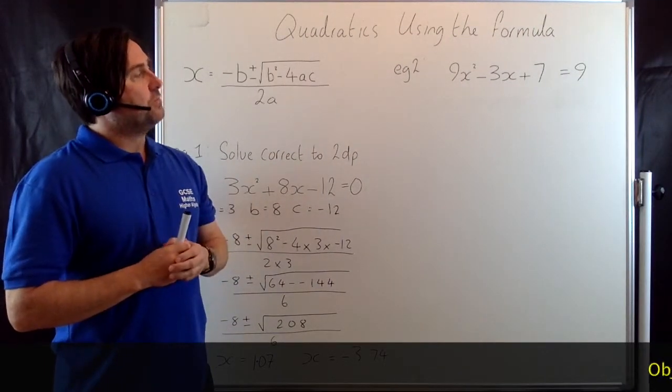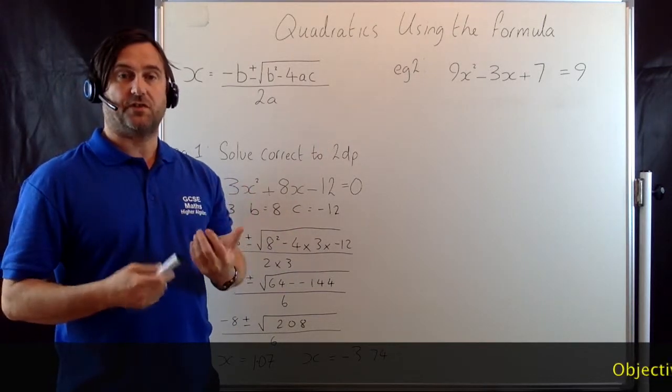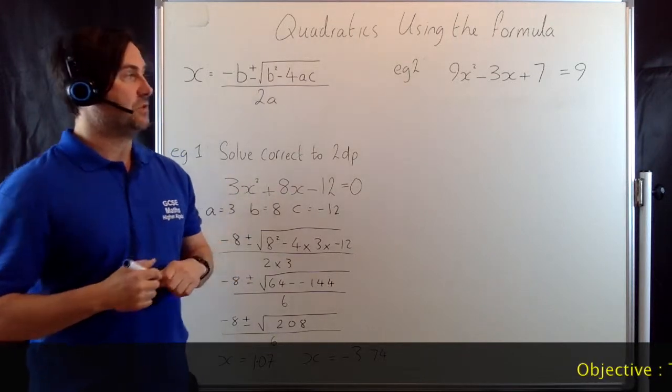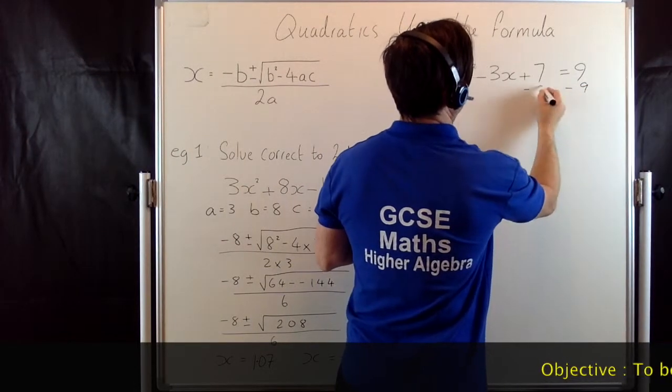Now for example 2, we can clearly see that it's not equal to 0. So before we can solve this, we have to rearrange that equation a little bit and make it equal to 0. Well, it's simple to do. I'm just going to take the 9 away from both sides.